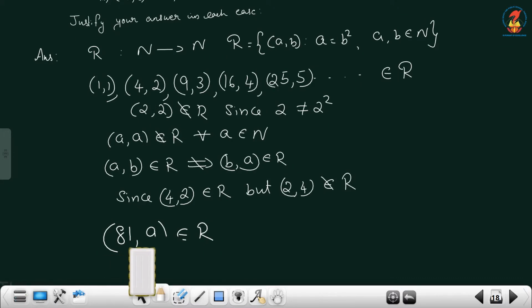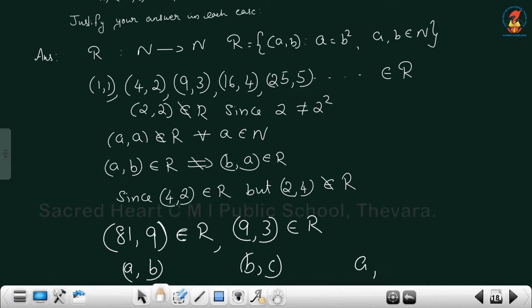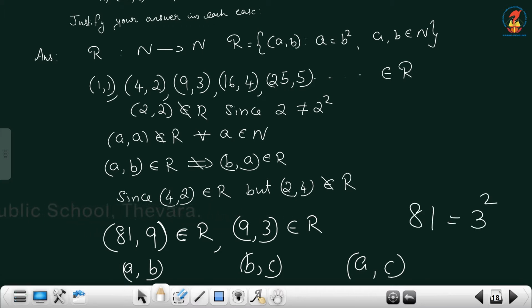Then here (9, 3) is an element of R, since 9 is equal to 3 square. So we have the pairs (a, b) and (b, c). These two are in R. Then what about (a, c)? What is a here? 81, and c is 3. Is 81 equal to 3 square?